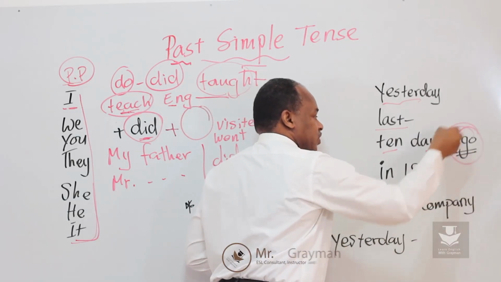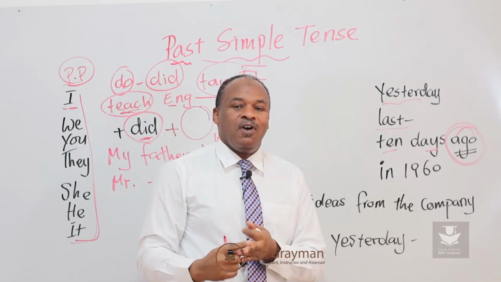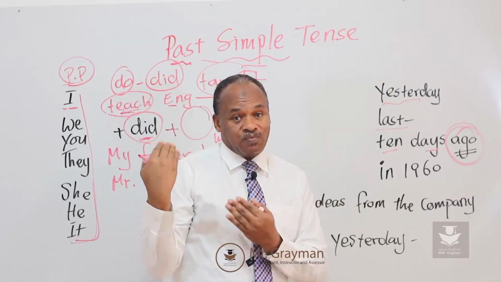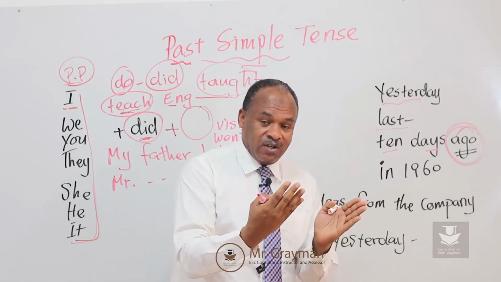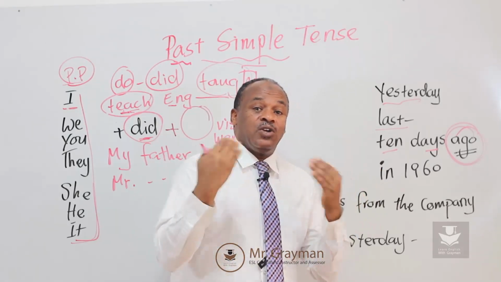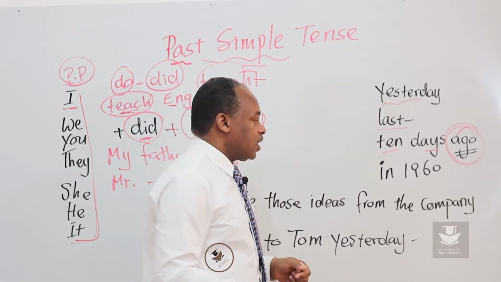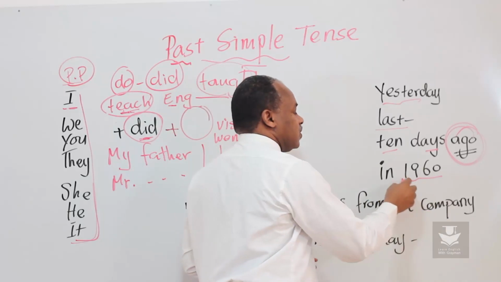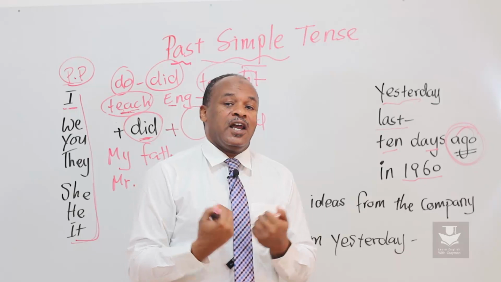Ago is very important here. 10 days ago, 2 days ago, 2 hours ago, 5 minutes ago, that's past. Any time expression to indicate that this action took place, happened, and finished in the past. Okay? I could refer to, for example, let's say my parents got married in 1960.